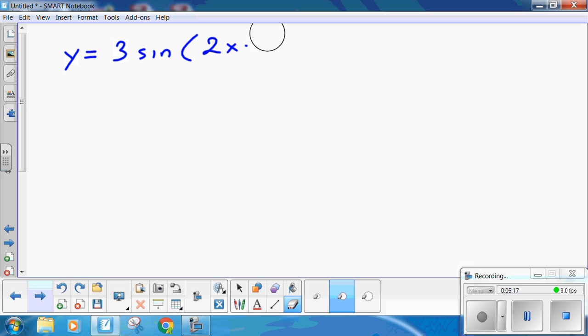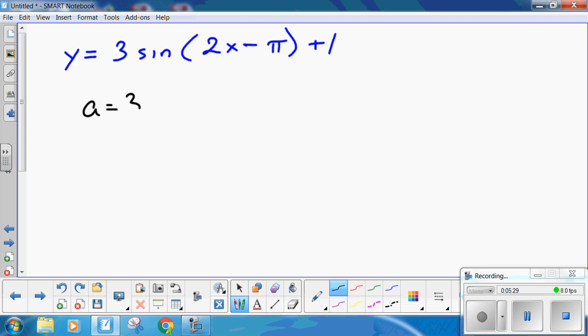Now make it minus. What can you say about this graph without graphing it? That's what I expect you to be able to do. I just gave you a big hint there.